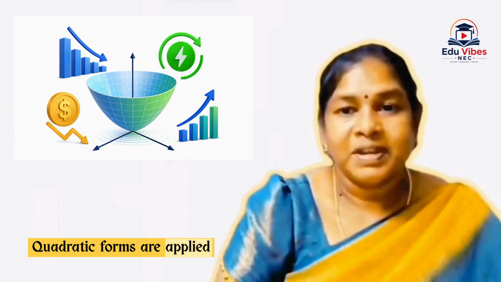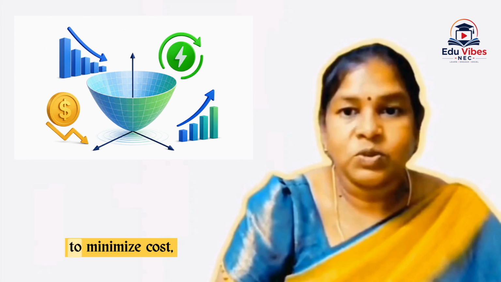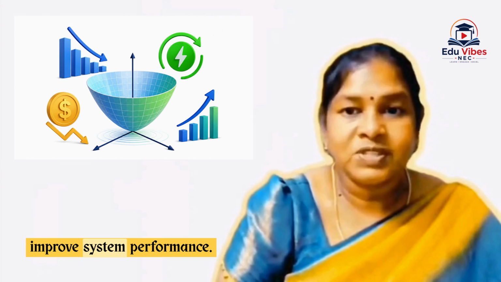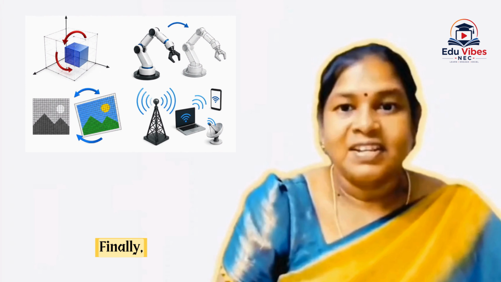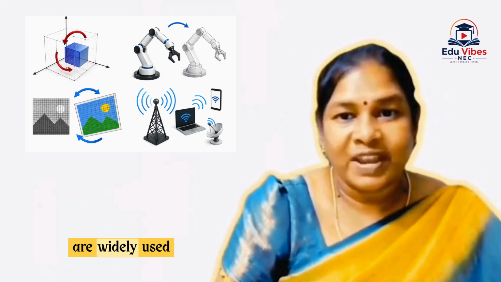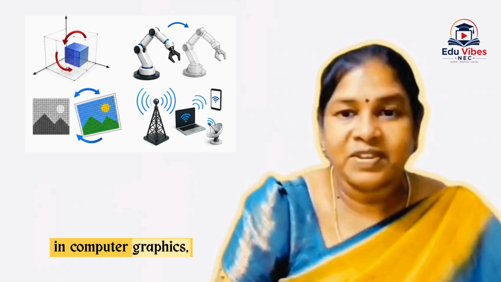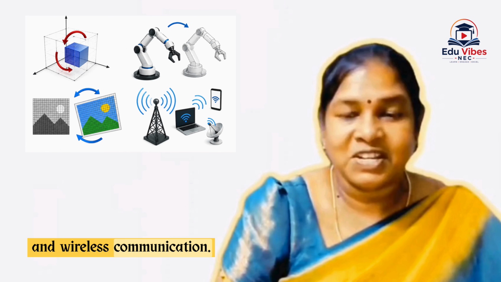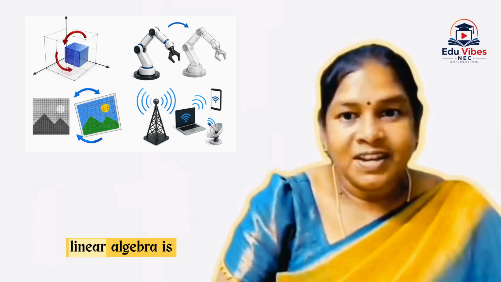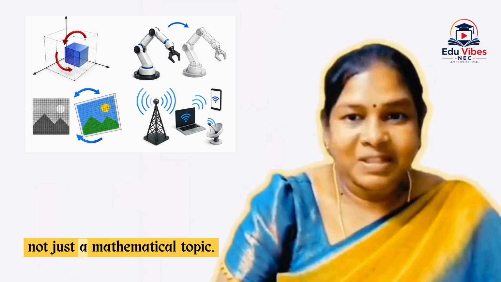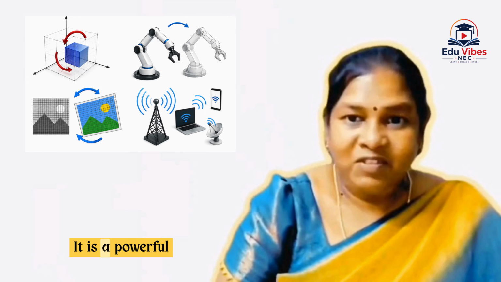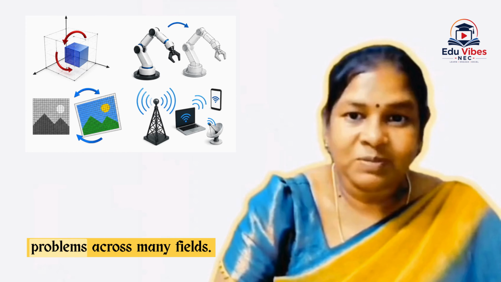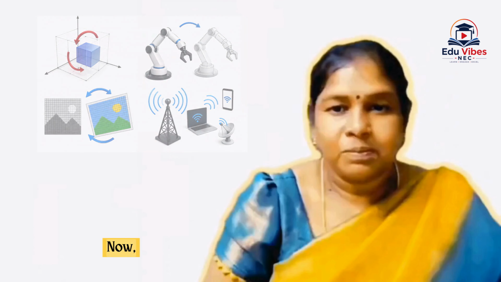Quadratic forms are applied in optimization problems to minimize cost, energy consumption, and improve system performance. Finally, orthogonal transformations are widely used in computer graphics, robotics, image processing, and wireless communication. So, linear algebra is not just a mathematical topic. It is a powerful tool that helps engineers solve real-world problems across many fields.